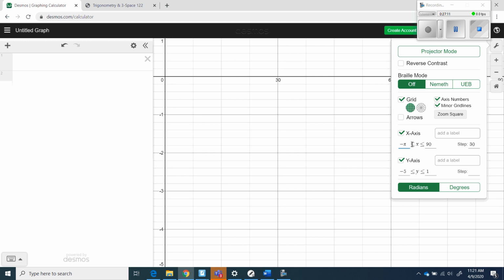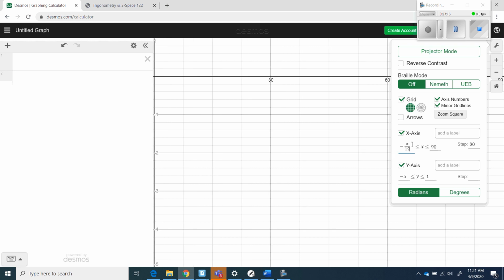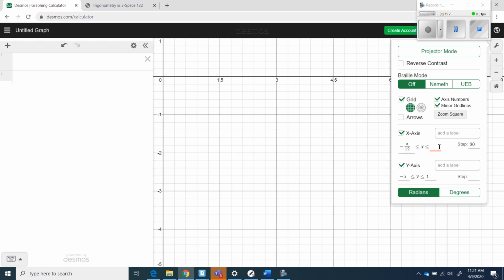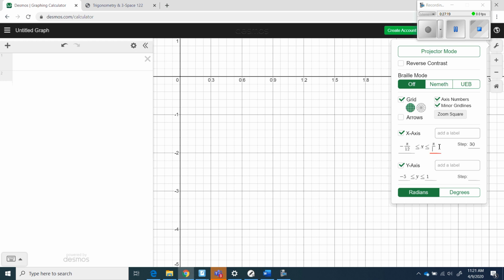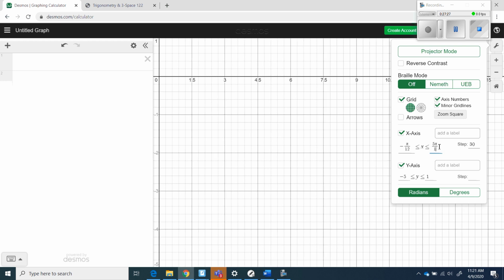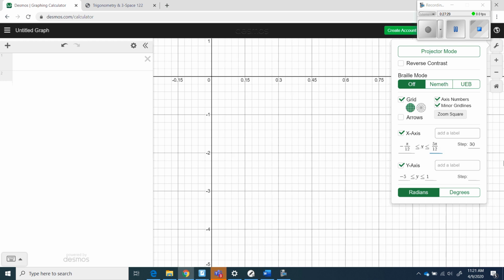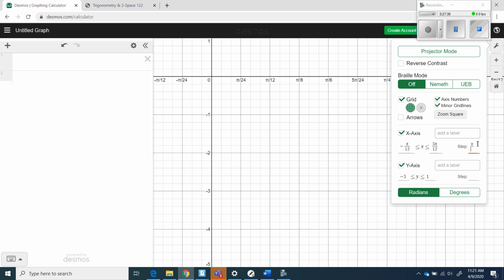So negative pi over 12, less than or equal to x, less than or equal to, type in pi, 5 pi over 12. Our step, or the scale, we said was 3 pi over 24. I'm going to put the reduced version in, which is pi divided by 8.